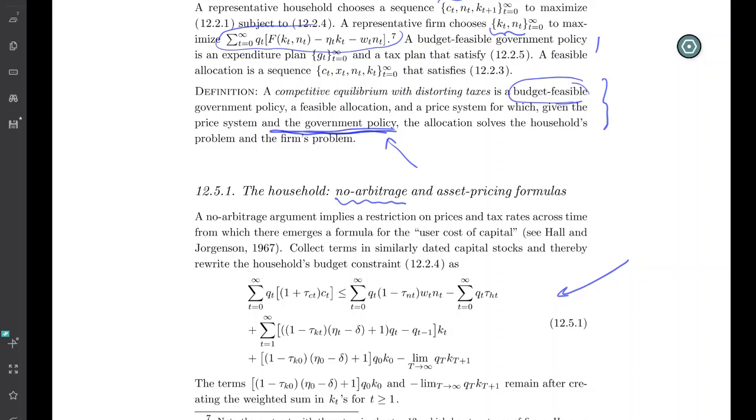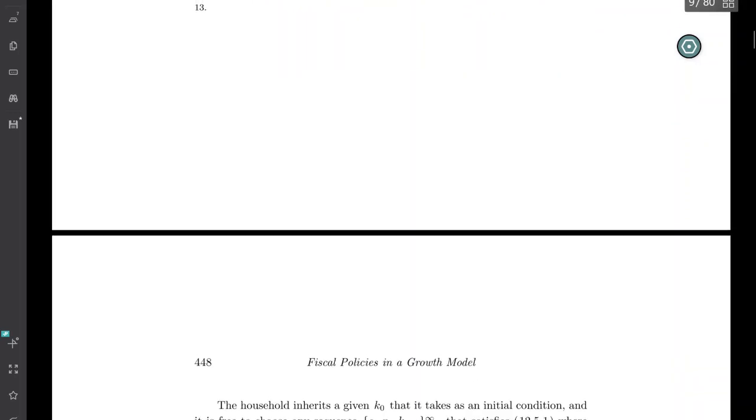If this object were not zero, there would be an arbitrage, meaning you could raise the right-hand side of the budget constraint to plus infinity. But that couldn't be possible in an equilibrium, so you conclude that this thing has to equal zero. And that gives you a restriction on equilibrium prices and quantities.